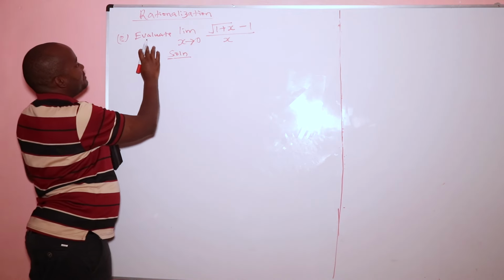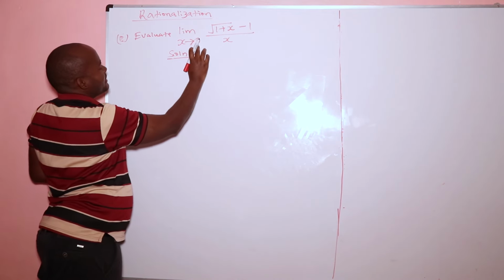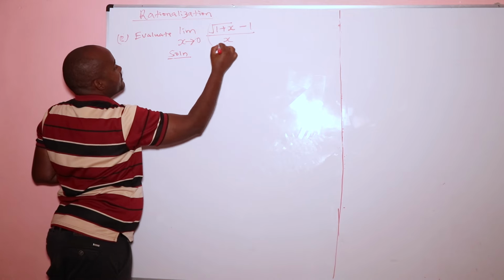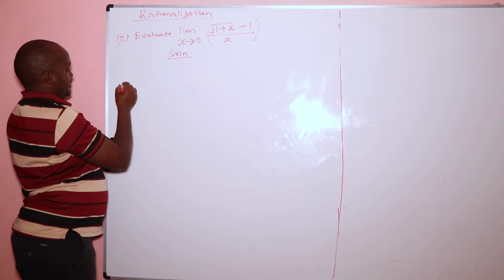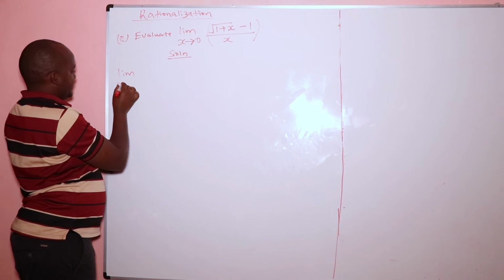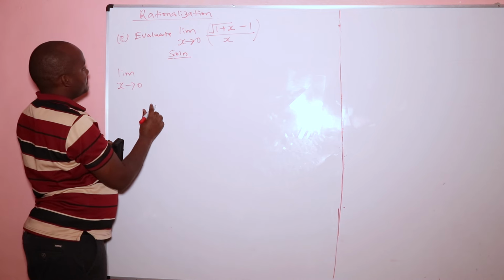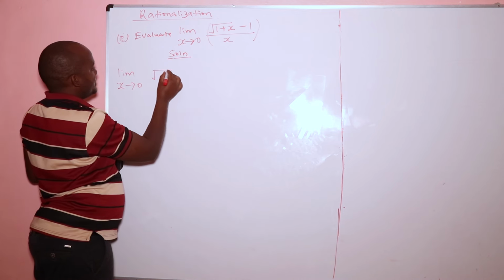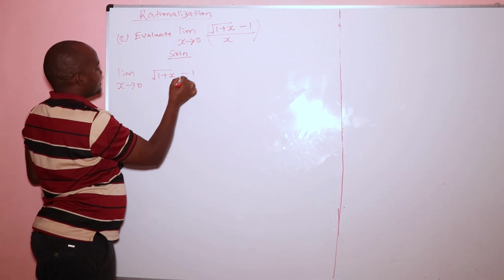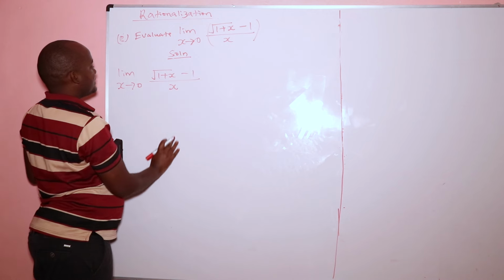So the next example, you are told to evaluate the limit as x approaches 0 of this particular function here. The limit as x approaches 0 of root 1 plus x minus 1, divided by x.